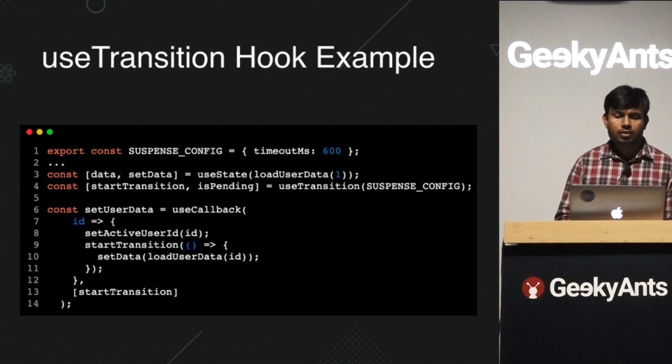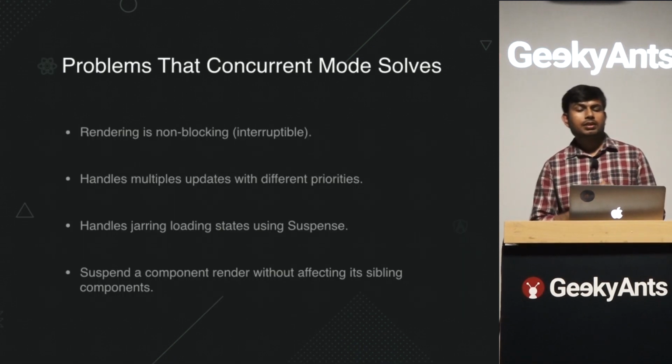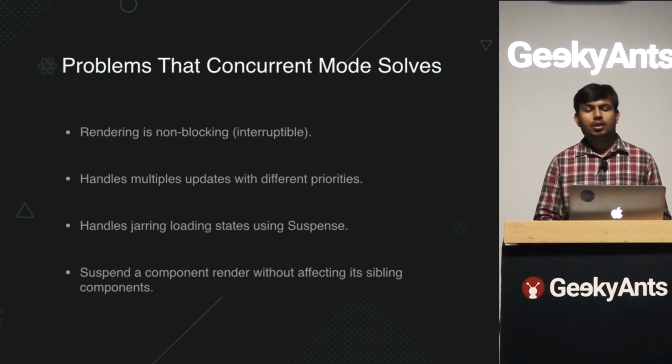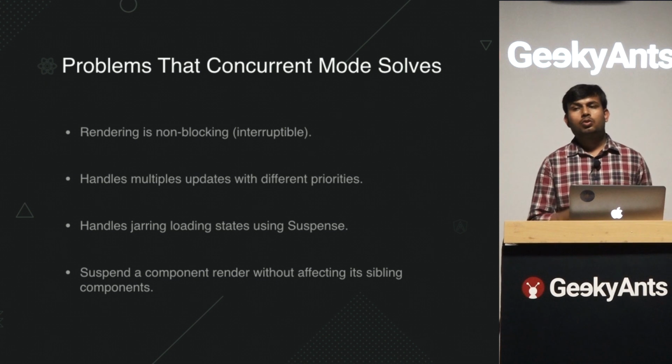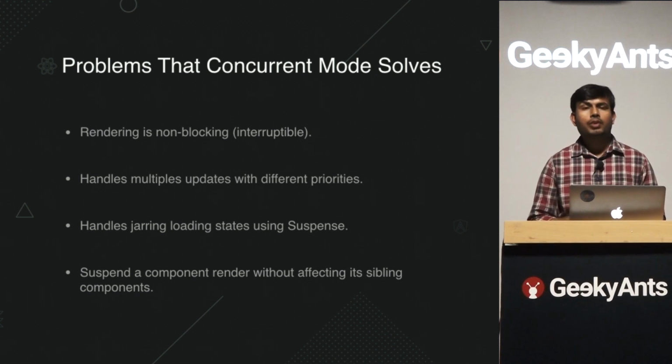As I have discussed this code already, let's conclude what we discussed in concurrent mode. So basically what concurrent mode provides is it makes the rendering non-blocking or interruptible. So we do not have to wait for the previous render to finish to start the new rendering. And second thing is we can handle multiple state updates with different priorities.